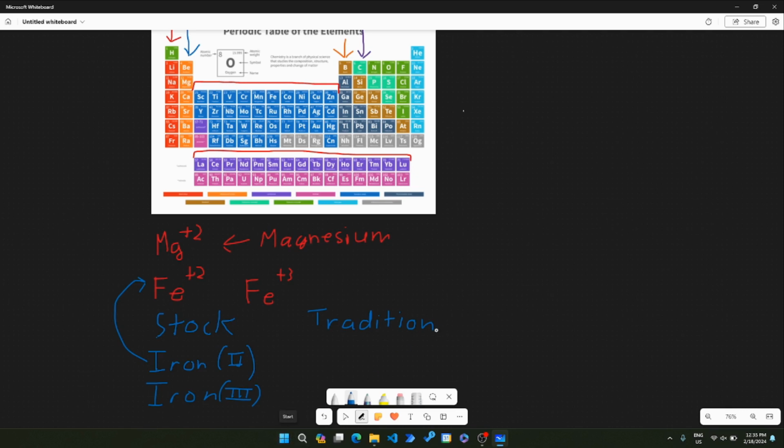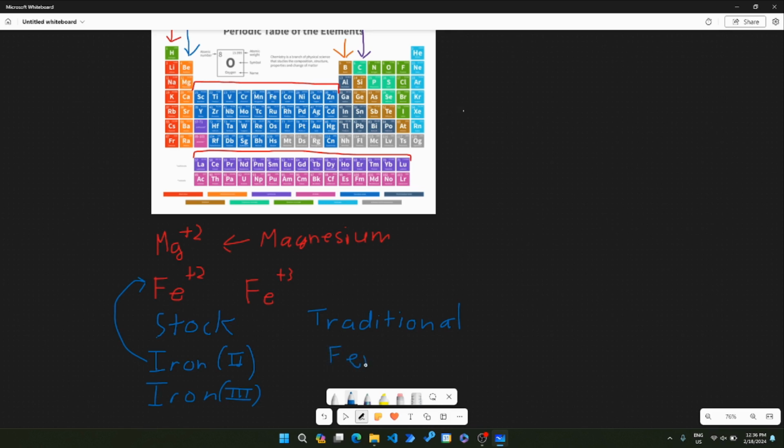Now the traditional naming system uses the old name and a suffix. For iron, you can tell from the periodic table that its symbol is Fe, and its old name is ferric. So we start with its old name, ferric. And for the lower charge, you drop the ending and add an -us at the end.